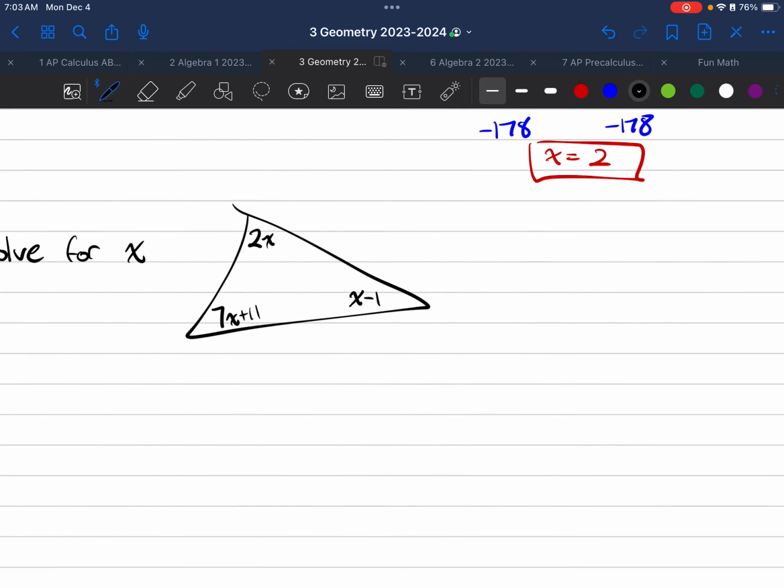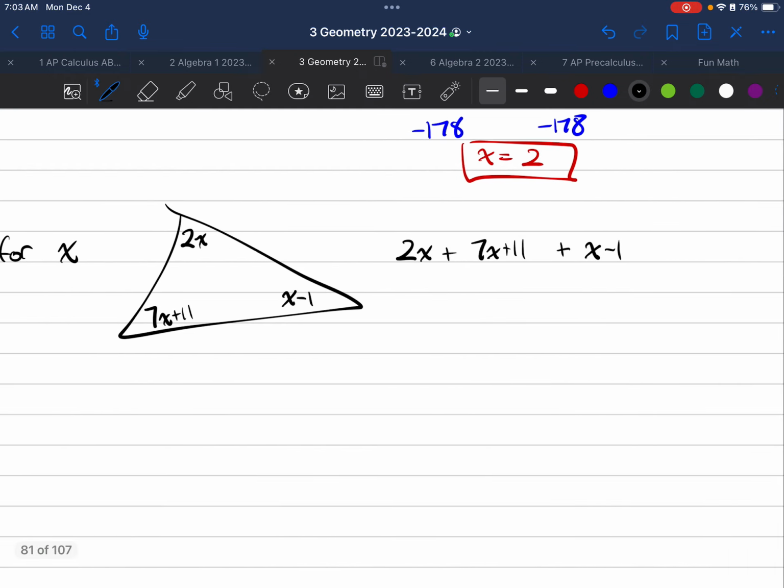So all three of these angles have to add up to 180 degrees. So I'm going to say that 2x plus 7x plus 11 plus x minus 1, all three of these entities add up to 180 degrees. Okay, so how do I do this? Well, I'm going to combine my like terms, right? I have a 2x, a 7x, and an x, so that's technically a 1x.